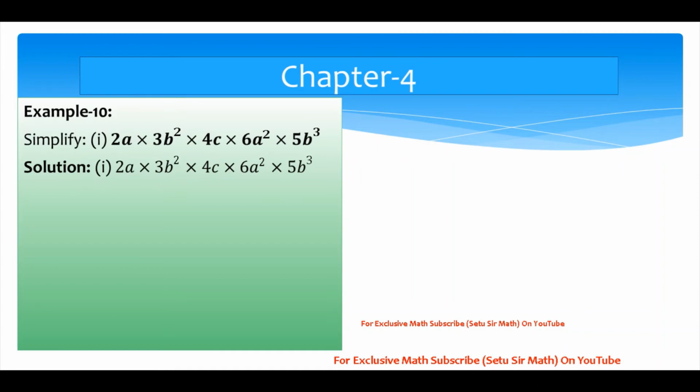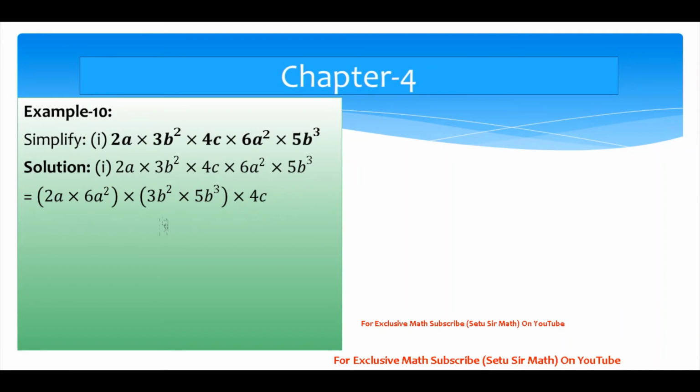That is the solution we will do now. We are writing the same bases together in the first bracket. That means A and A are the same base, so we write them down together, B and B are the same base, so we write them together, and C here.